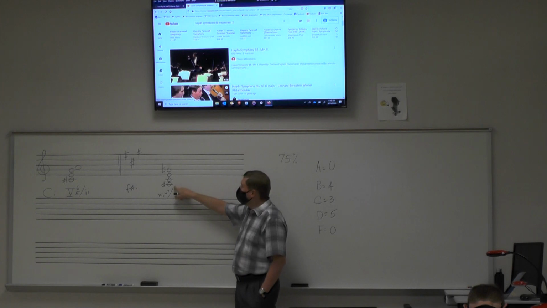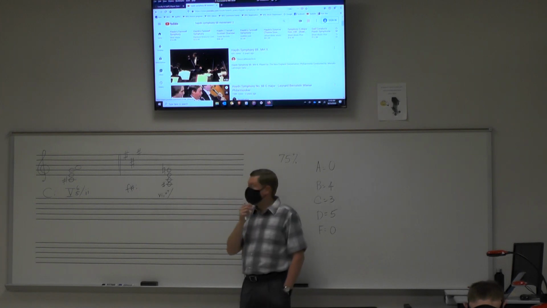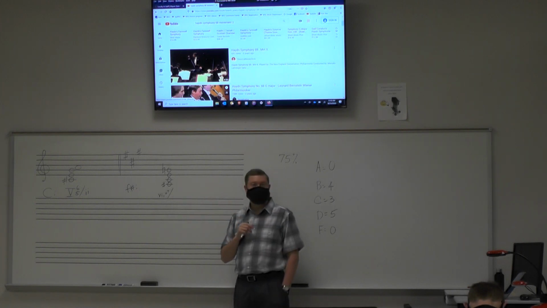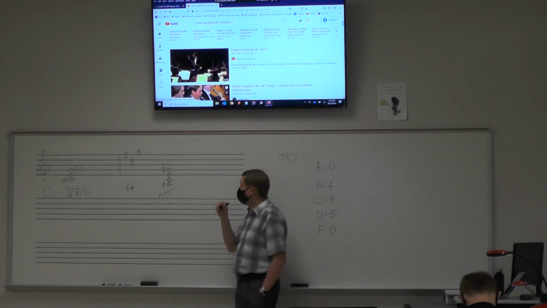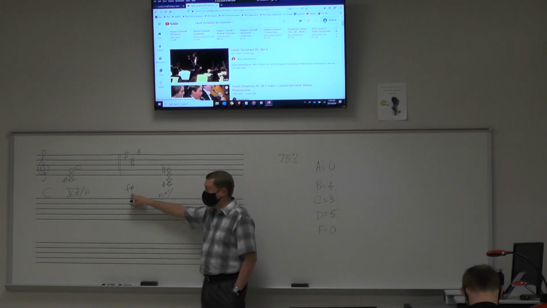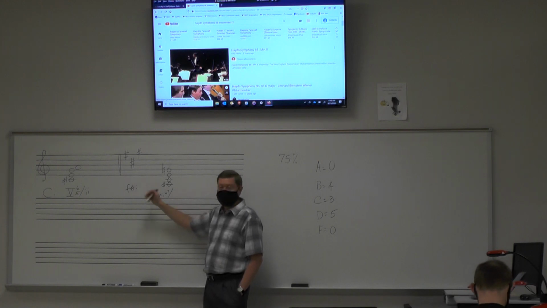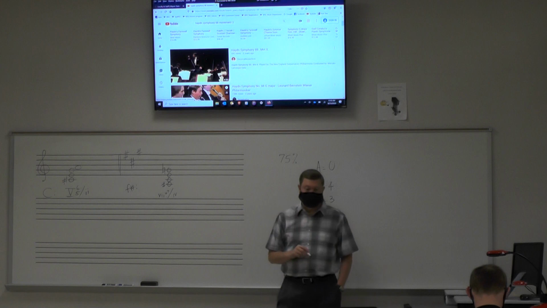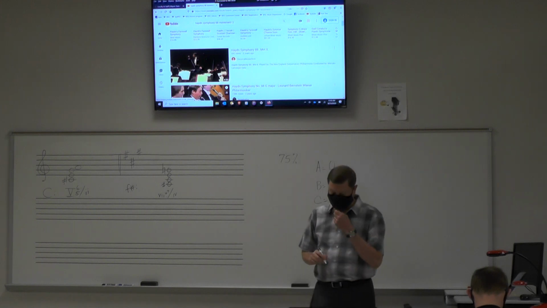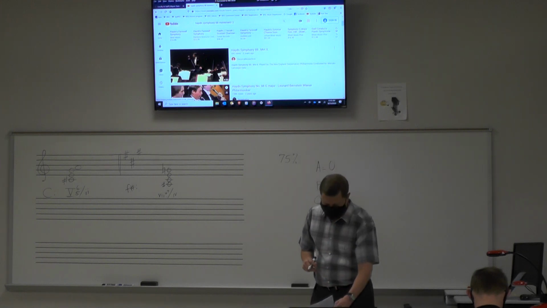If the root of this leading tone chord is A sharp, what is A sharp the leading tone to? B. And a B would support what Roman numeral chord in this key? It would support a 4 chord.